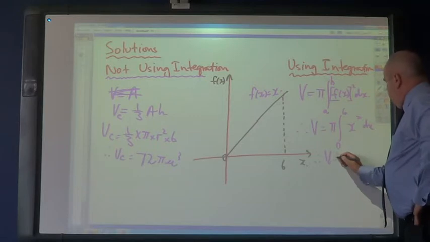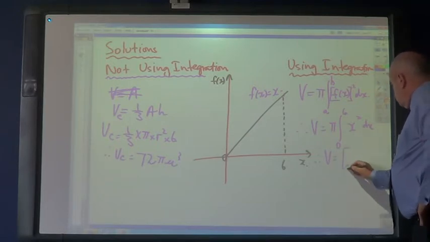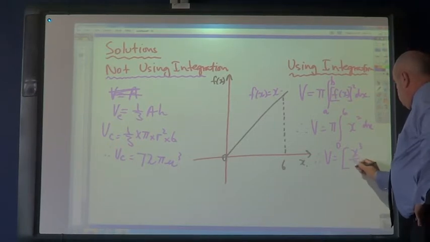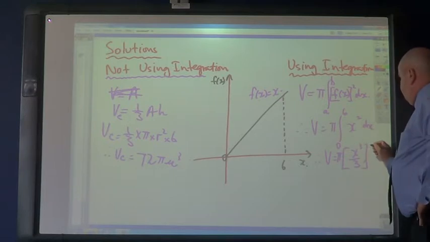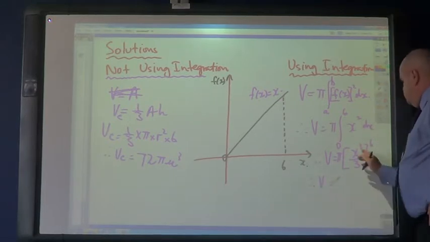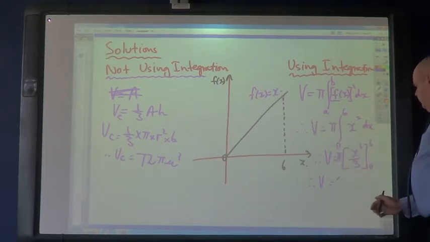So the volume is equal to, let's integrate it, pi times x cubed over 3. Oops, left out the pi there. Put in my limits, 6 to 0, and therefore the volume is going to be the same as that over there.